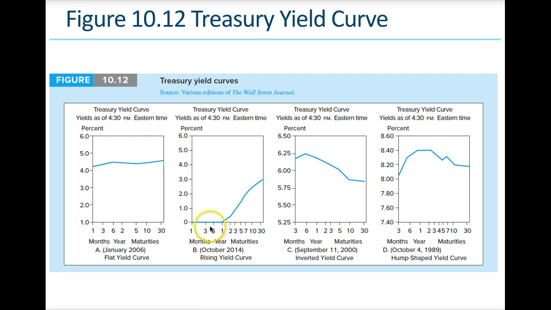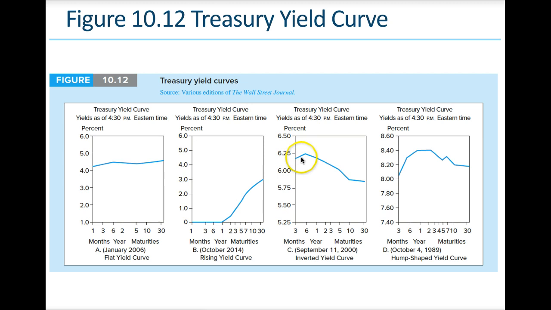This is looking at the maturity. We had a very low interest rate for the shorter term maturities and then a much higher one. So this would basically say this upward sloping yield curve is more distinct here. We're saying that they expect interest rates to be higher in the future than the short term. And it's typical after a recession to have an upward sloping yield curve like that.